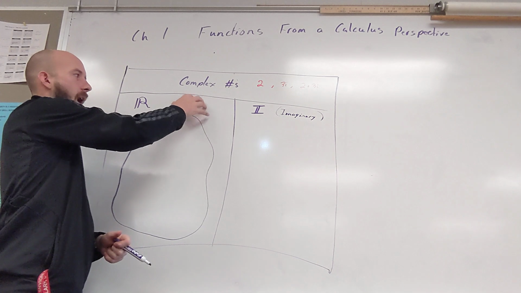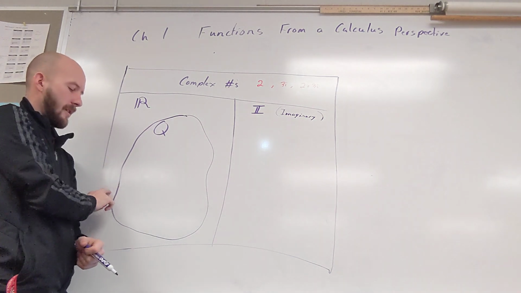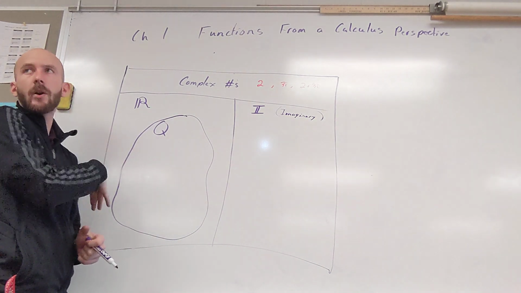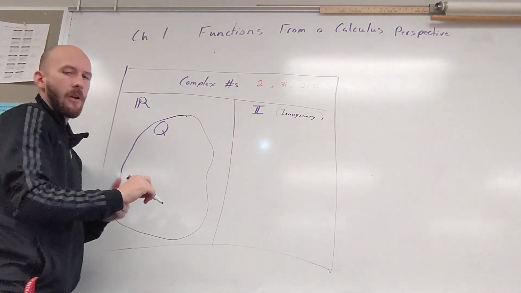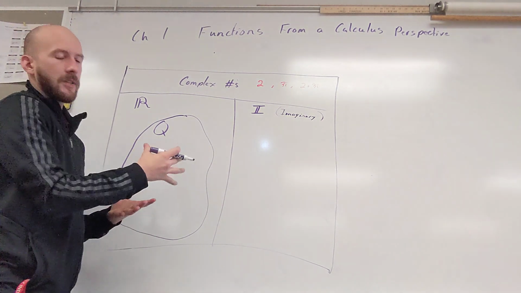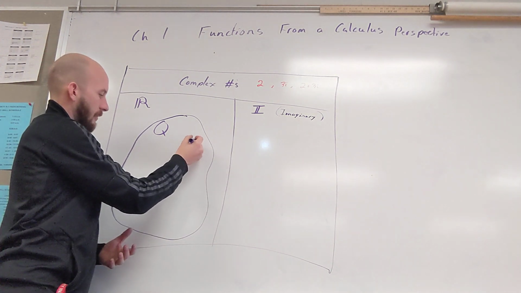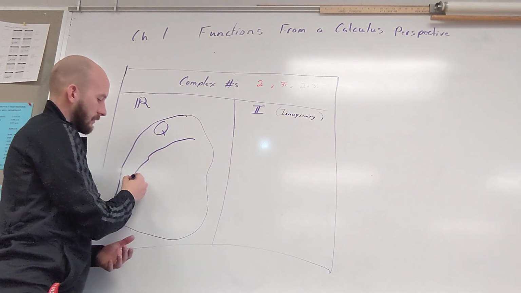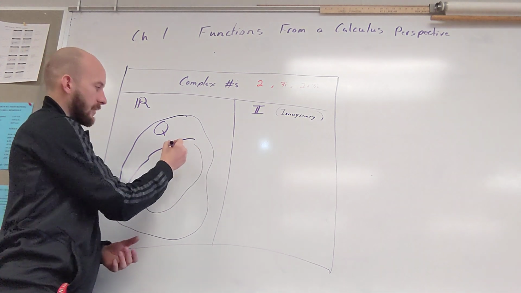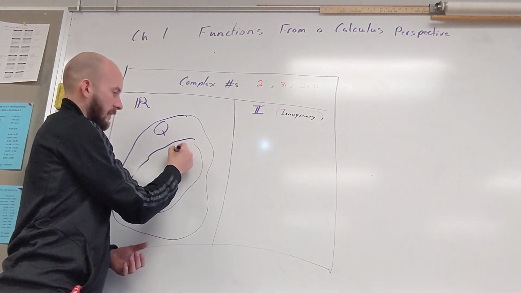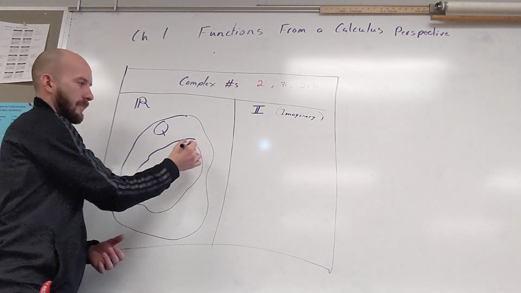Everything out here would be irrational, like your square root of 2, square root of 7, pi, stuff like that. Okay. But then we have a subset of rational numbers, and that is integers.